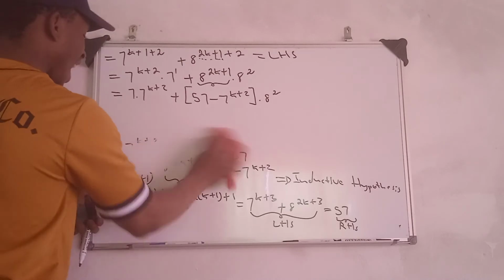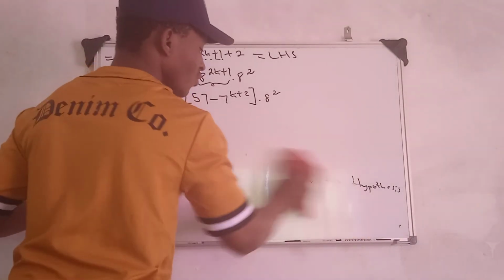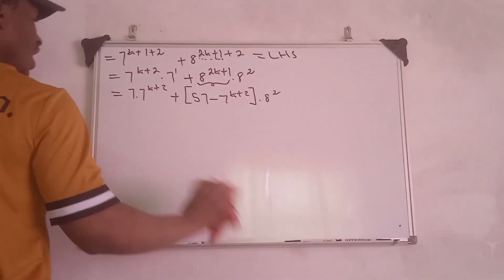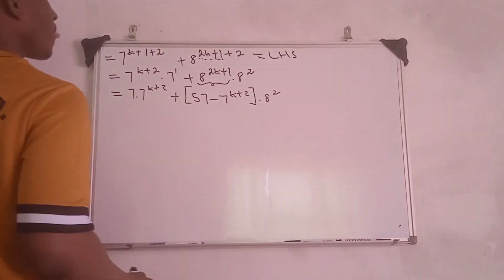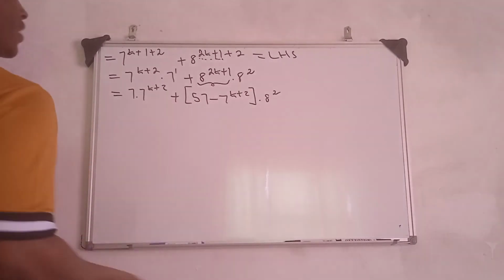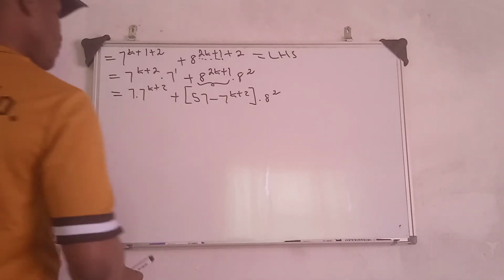We can erase it. Unlike case 1, we are done with this part. Right now, all that is required of us is to show that that series is divisible by 57.